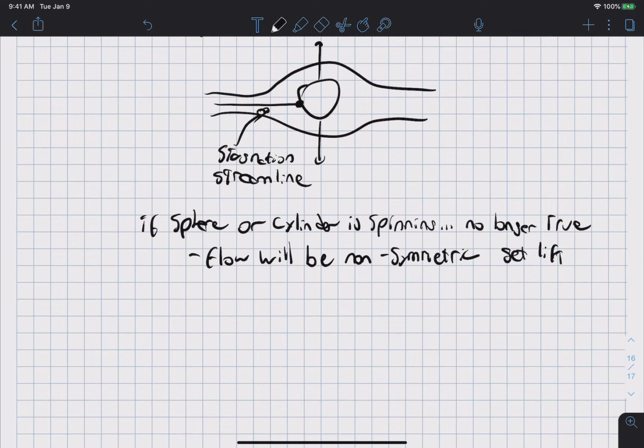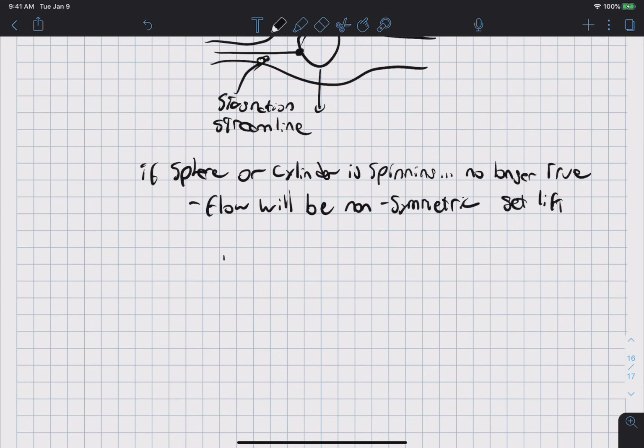Okay, and so what happens, so say we have our free stream going in like this, and a spinning cylinder or sphere. As the cylinder or sphere rotates, the effect of viscosity is going to drag some of the fluid near the surface along with it.